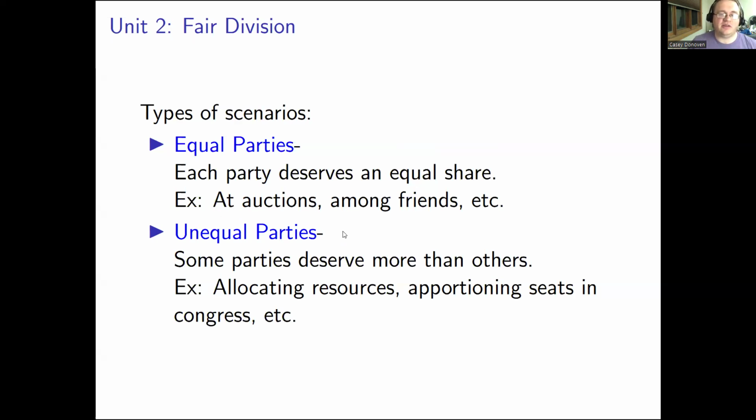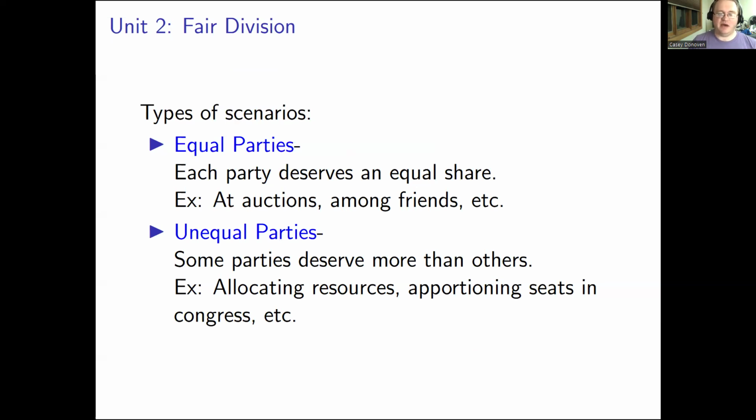Unequal parties, there are situations where some parties will deserve more than others. So for instance, when you're allocating resources, I can give a good example, say for school districts. When the state will allocate money to each school district, a school district that teaches 2,000 students is probably going to need more money to be able to teach those students than a school district with only 10 students.